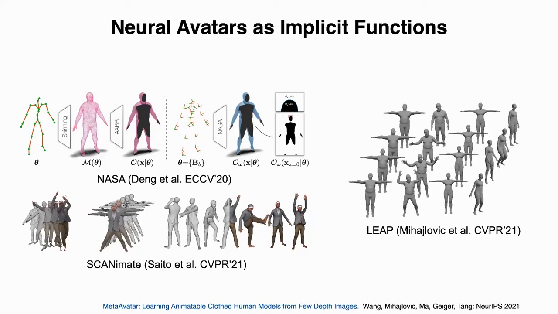LEAP is a direct extension to NASA, which can generalize across different body shapes. In parallel to LEAP, ScanAnimate focuses on learning neural implicit functions for clothed bodies by learning forward and inverse LBS functions in a self-supervised way.